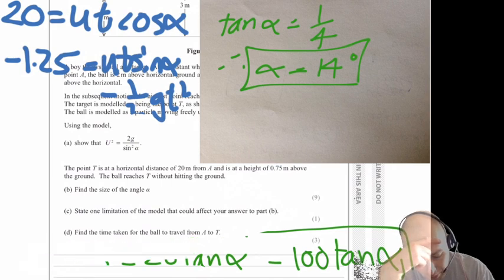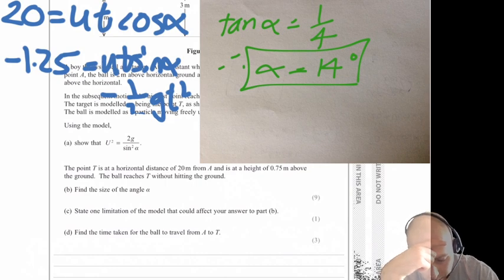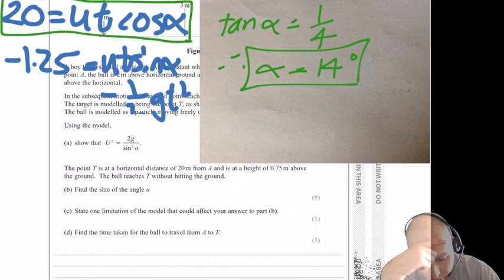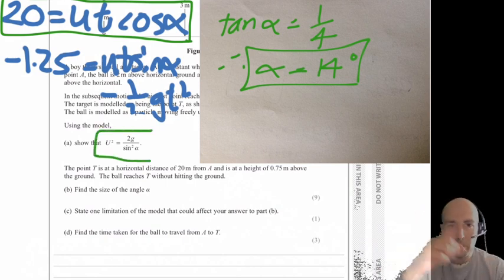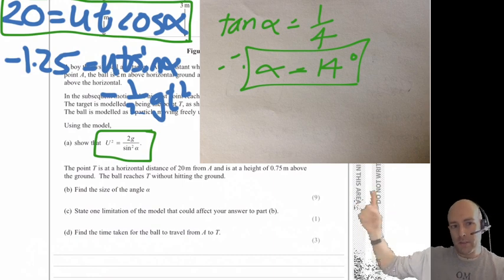Okay, well, we know the angle now. So if we go back to our equation up here and our equation down here, we're going to put alpha into this bottom one to find u, put u into the top one with alpha to find t.